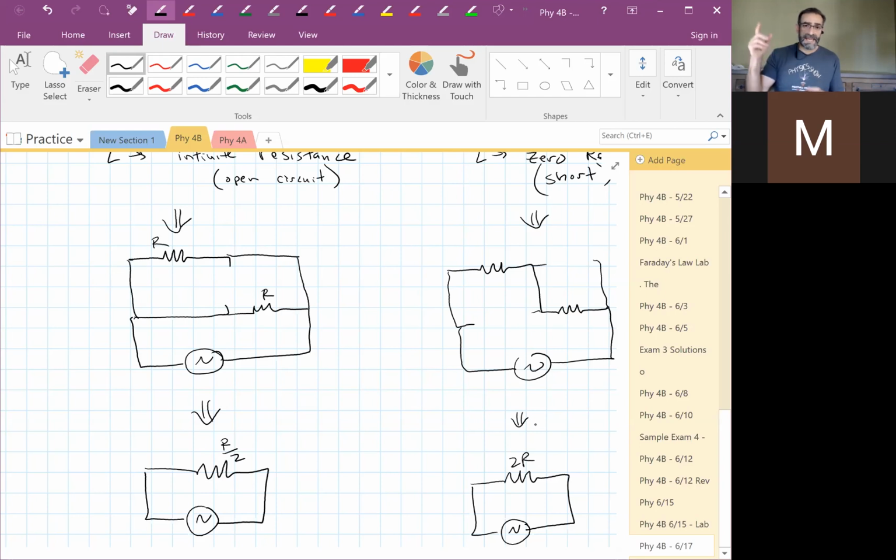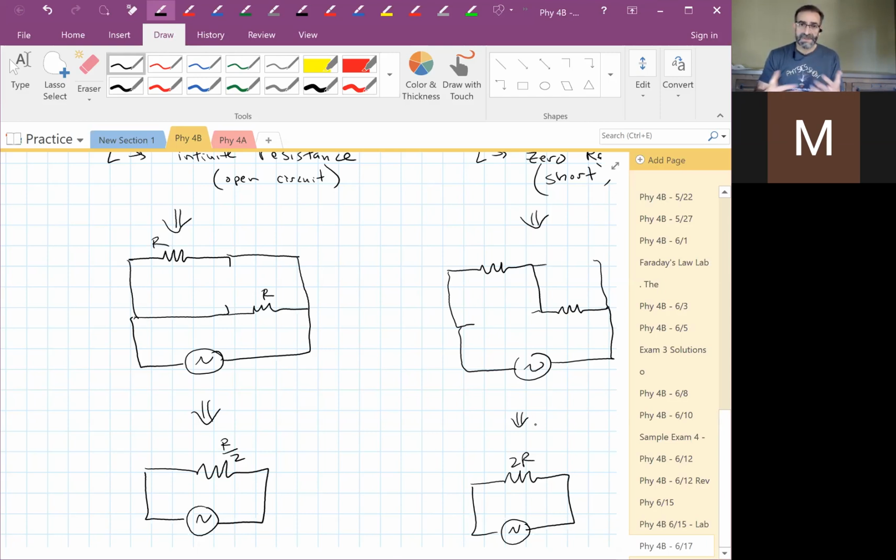If you have cables running in the walls of your house that pick up some noise from the AC power lines, they're picking up noise at the lower frequency, the AC power 60 hertz. If you run that signal through a high pass filter that doesn't allow that 60 hertz to pass through, you can get rid of that 60 hertz noise and you get a cleaner audio video signal.